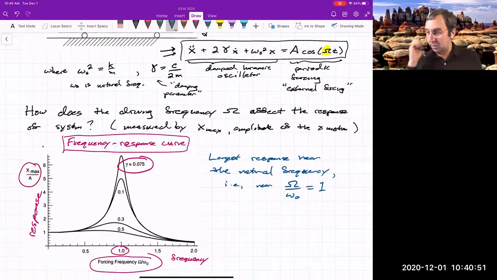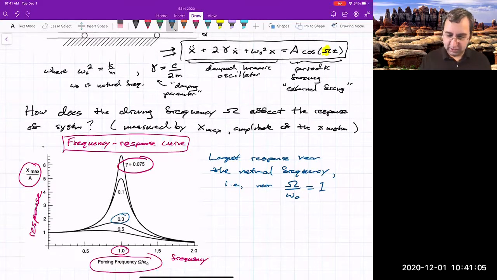But it also depends on the damping. Larger damping, as we go down here, means less of an effect. So this is what's significant.